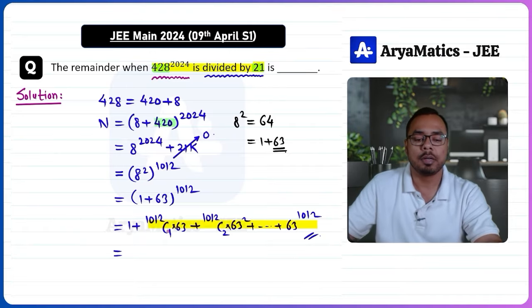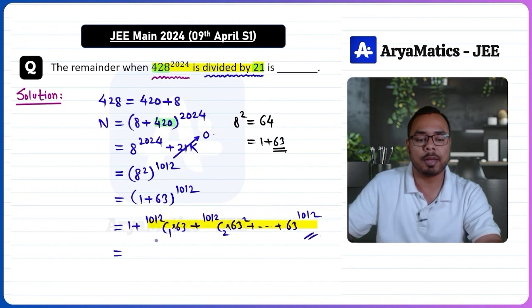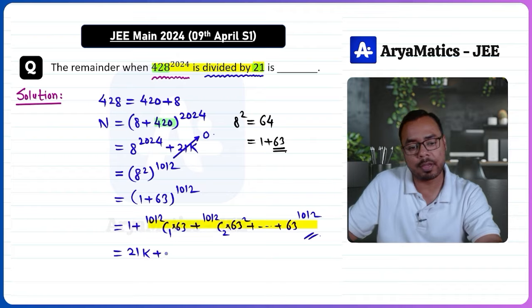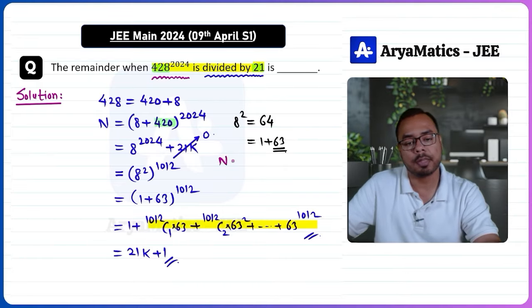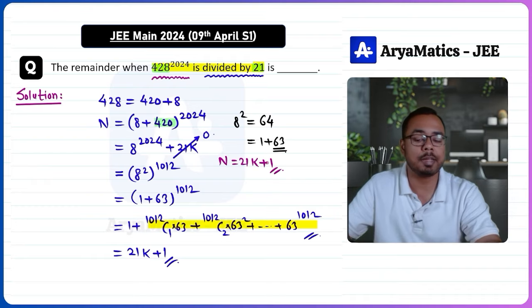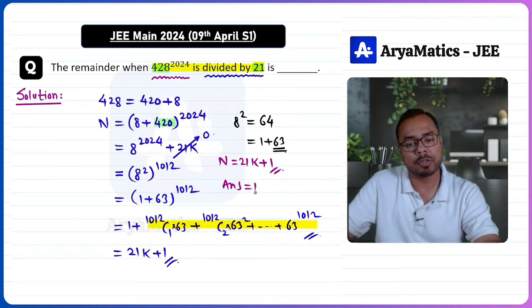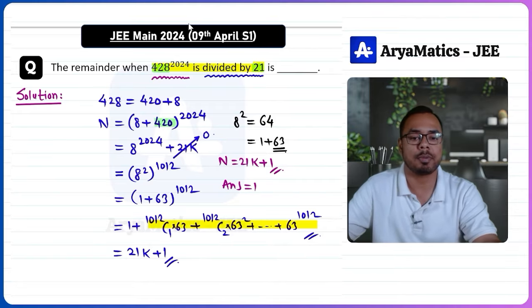So all of these numbers we can combine and say that it is some multiple of 63 and hence a multiple of 21. Therefore this number n will be of the form multiple of 21 plus 1, and if I divide this number by 21, clearly the remainder will be 1. So that is the correct answer for this problem.